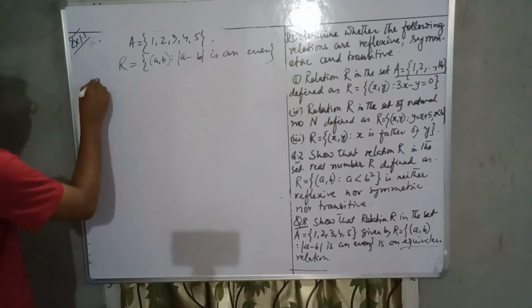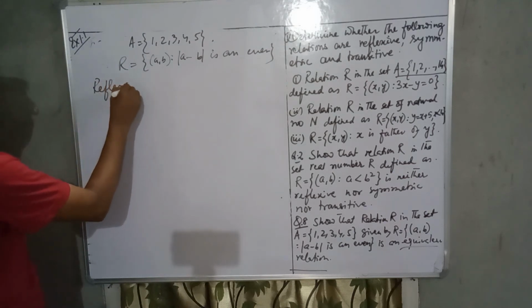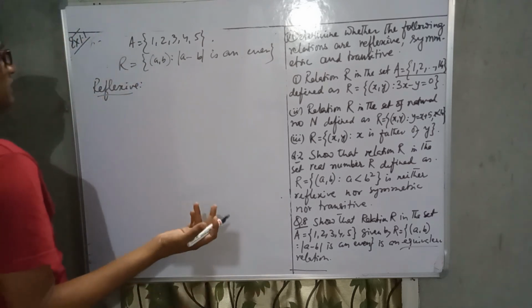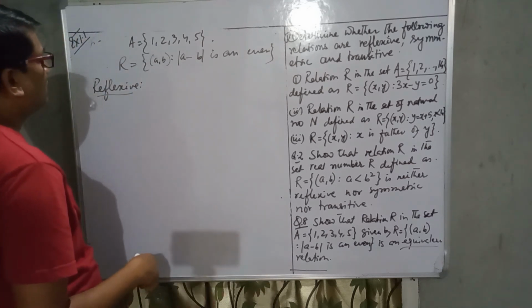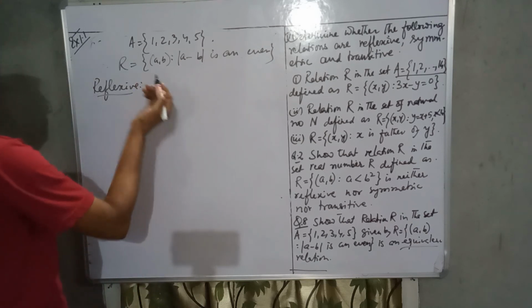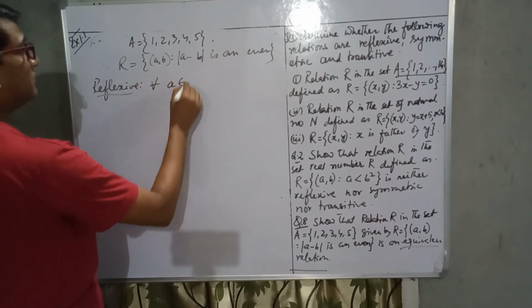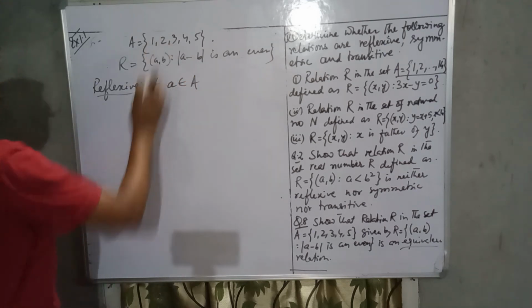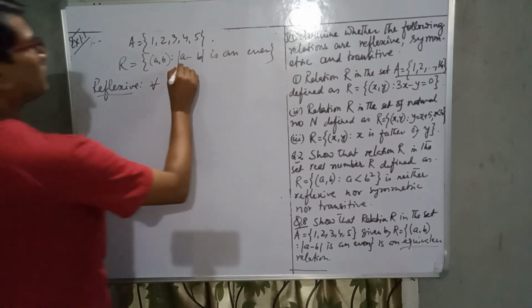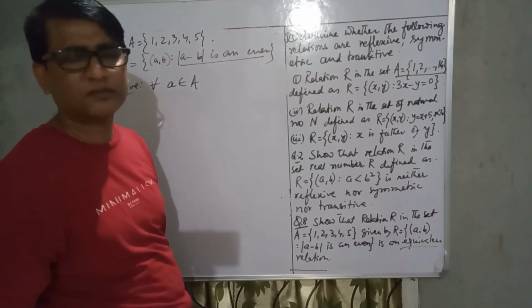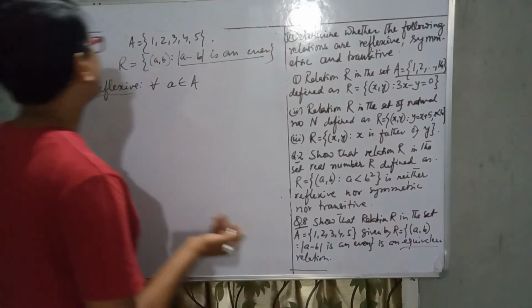So first, reflexive. For all (a, a), a belongs to A. The condition is modulus of a minus b is even. Even means it must be divisible by 2.